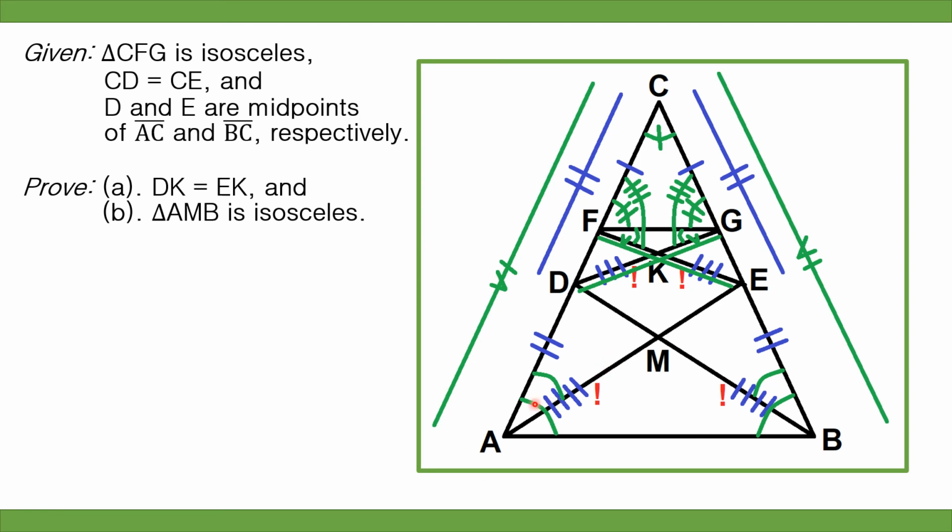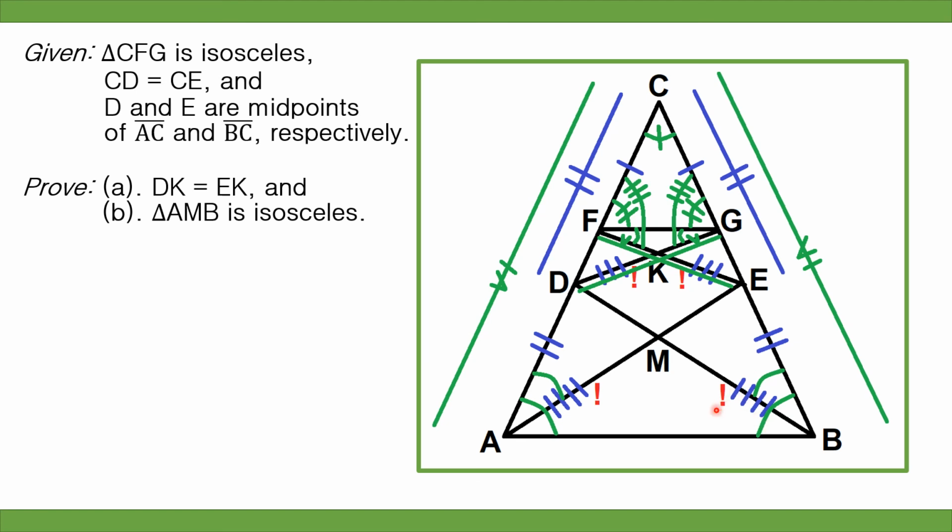Now, if you notice, these angles are parts of these two bigger triangles. So, by CPCTC, angle CBD and angle CAE are congruent. Previously, we have also found that these are congruent.